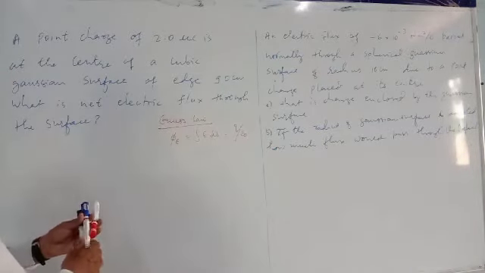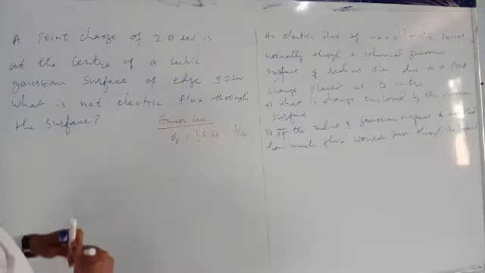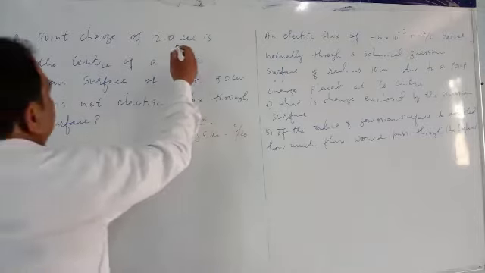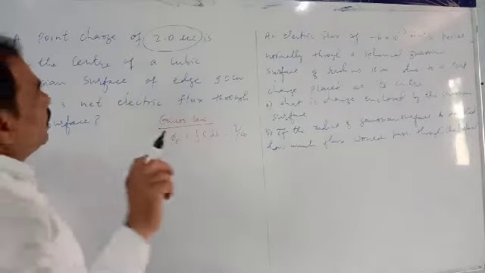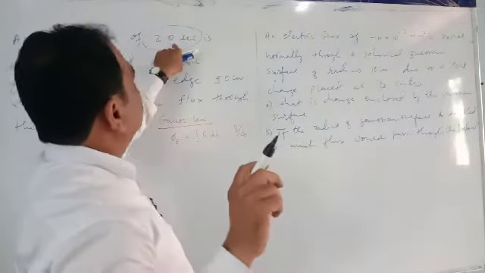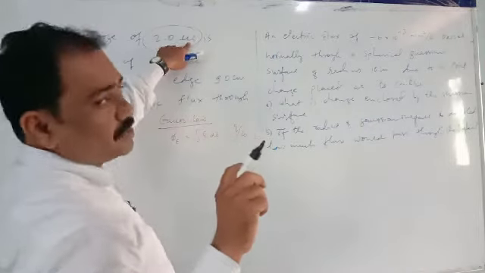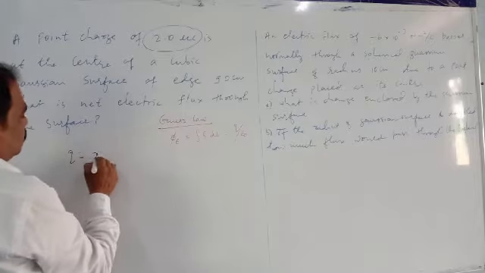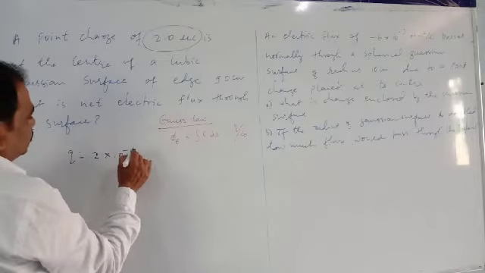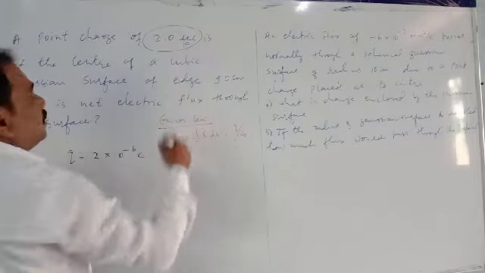First of all, see the applications. A point charge of 2 microcoulomb. So the point charge Q is equal to 2 into 10 to the power minus 6 coulomb, because it is given in microcoulomb.